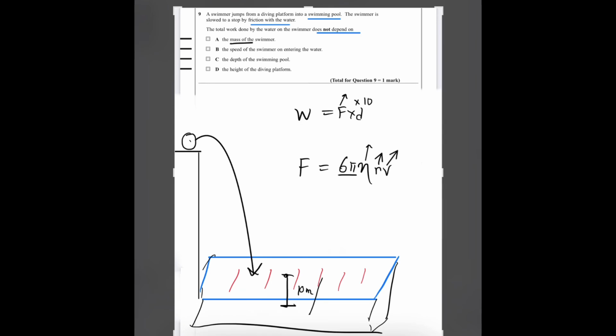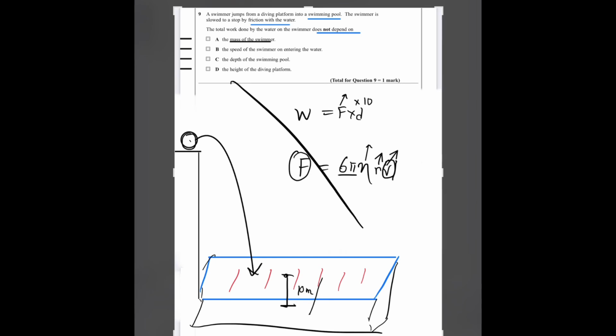A higher mass would have a higher velocity, and a higher velocity would mean a higher force, right? So A is correct. A would depend on the mass of the swimmer.